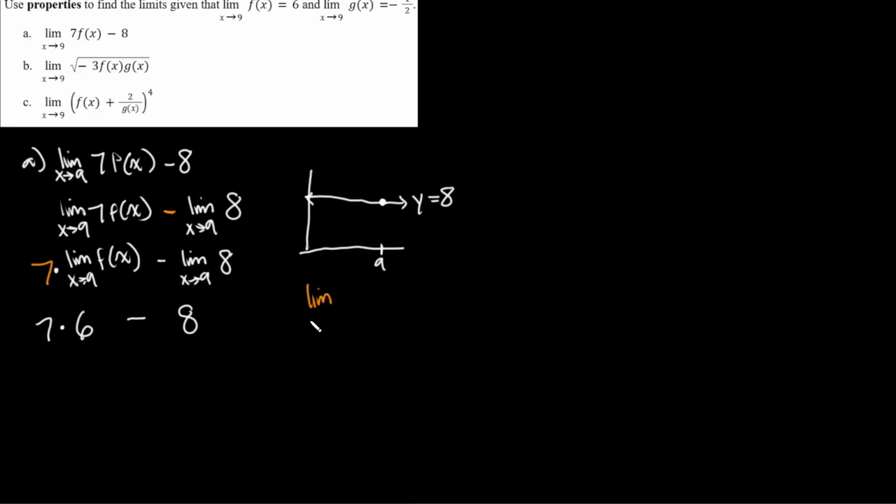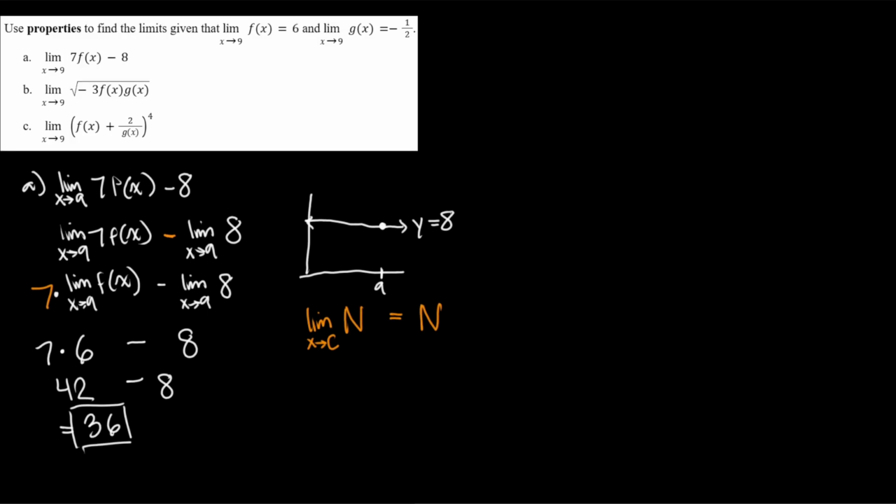So the limit as x goes to c of any constant n is n. So that's just something nice to know. So if we resolve this, this is 42, I think, and subtracting 8, that I think is 36. So that's our final answer for part A.